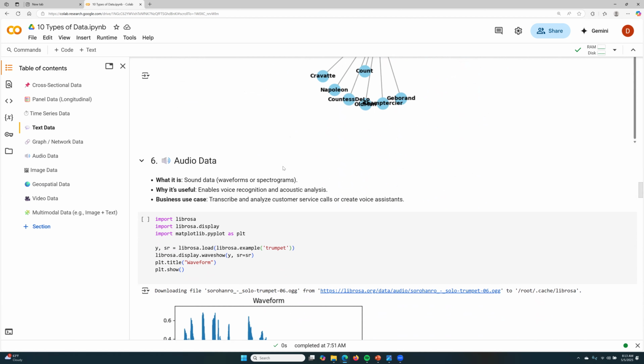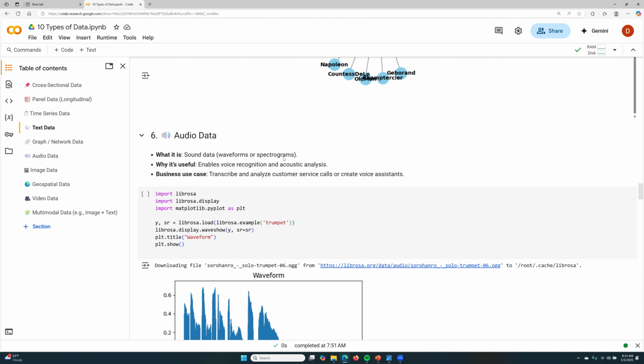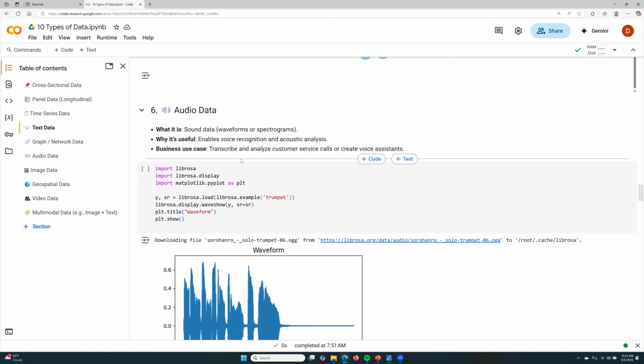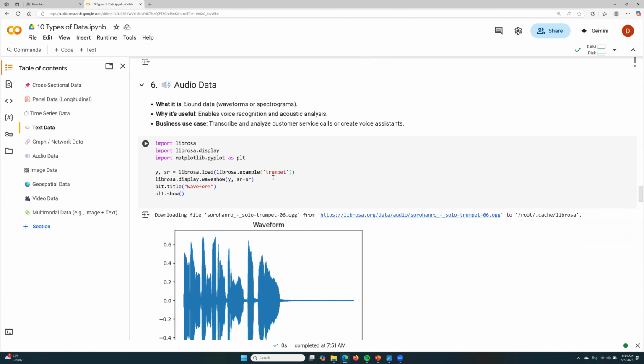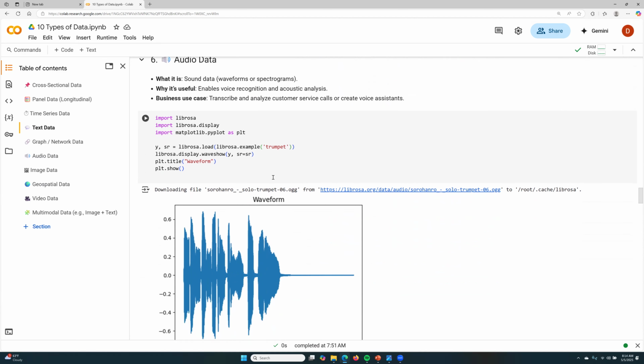A business use case would be transcribing and analyzing customer service calls or creating voice assistants. I give an example using this package called Librosa, and basically it's a trumpet. As you can tell, there are amplitudes in terms of how the person blows into the trumpet, right?